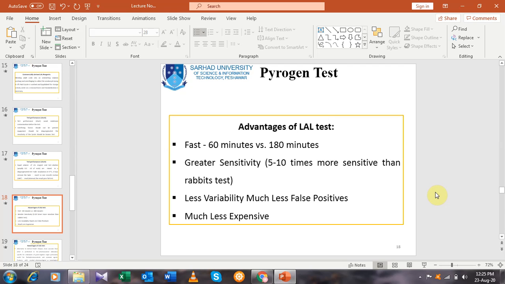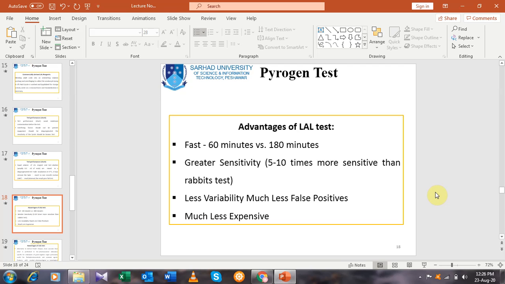This time is faster as compared to the rabbit test, so we save 2 hours to perform the LAL test for the evaluation of pyrogen in the formulation. Rather than performing the rabbit test, which involves more difficulties, the selection of healthy animals, and the preparation time for performing the test, which is difficult as compared to this one.